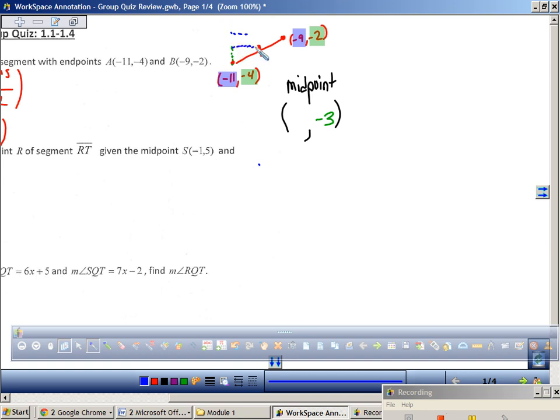So if you're at -11 and you go over 1, where are you going to be? You're going to be at -10.